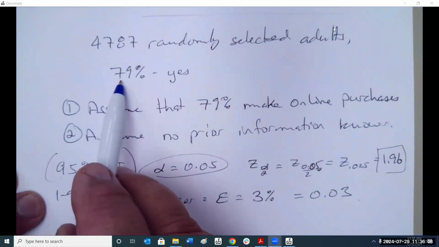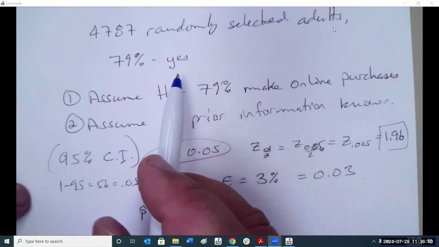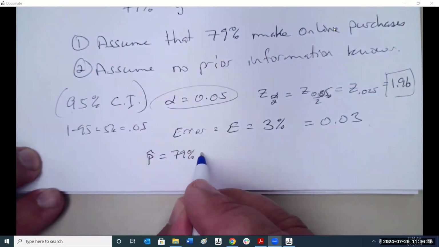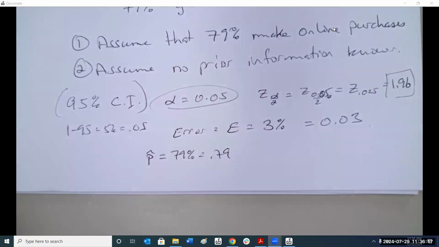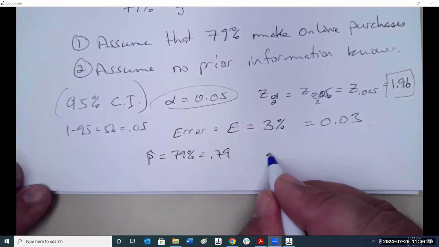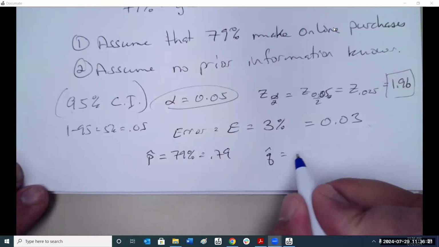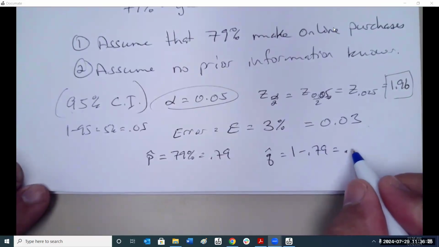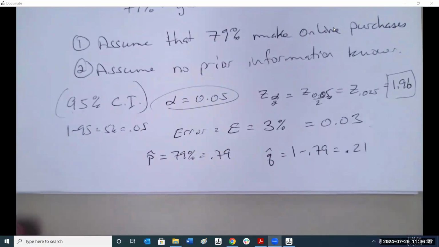Remember, 79% said yes, we're looking for how many people shop online. So P hat would be 79%, which is 0.79. That means Q hat would be 1 minus 0.79, which is 0.21.